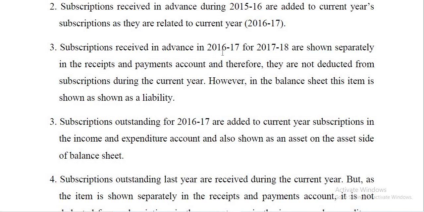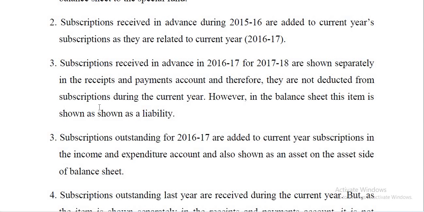Subscription received in advance in 16-17. This year you have received next year's subscription. So it is shown in the receipts and payment account. Received in 16-17 for 17-18 are shown separately in the receipts and payment account, and therefore they are not deducted from subscriptions during the current year.